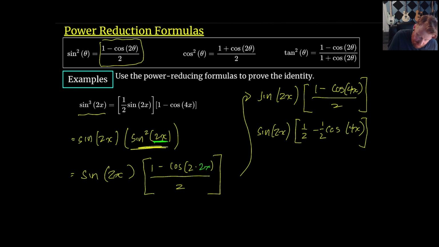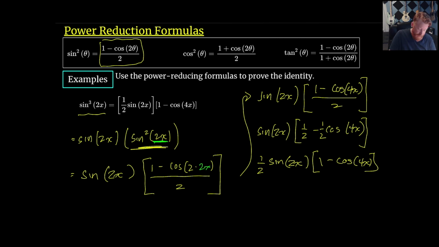So that's just splitting this denominator apart and rewriting this as a difference here. And then I could factor a 1/2 to the front of everything, and get 1/2 sine of 2x times 1 minus cosine of 4x.